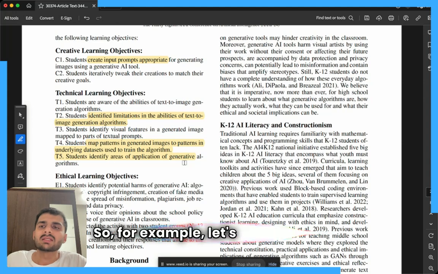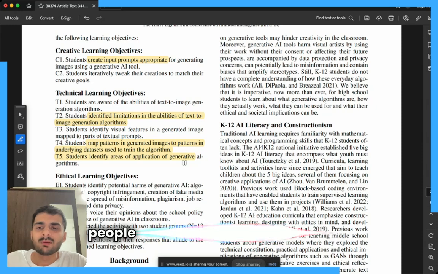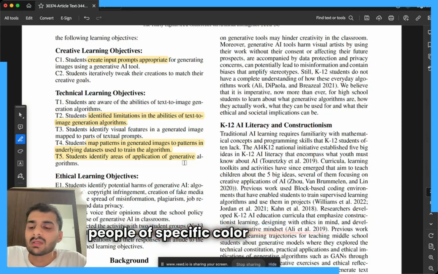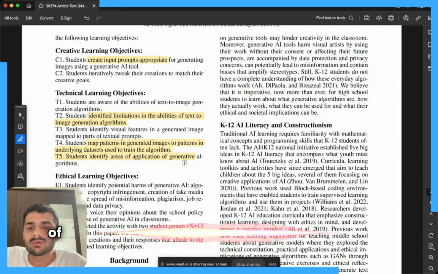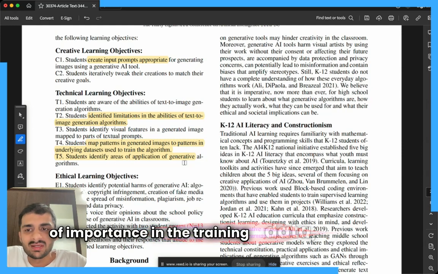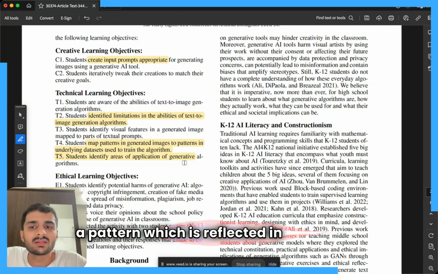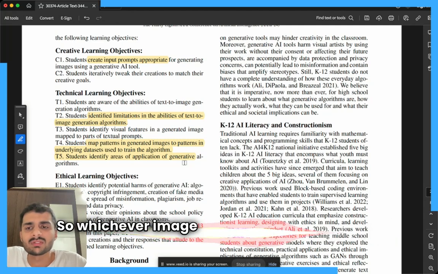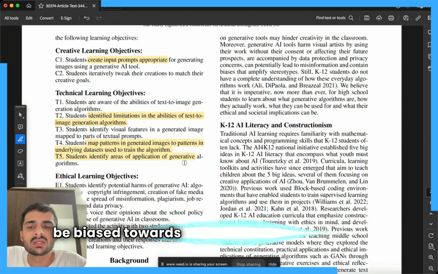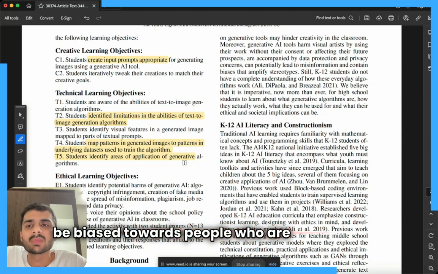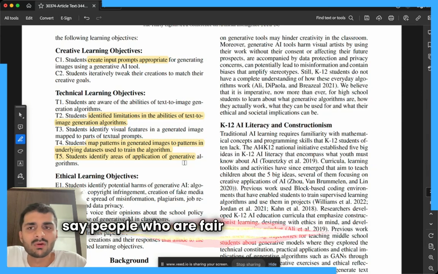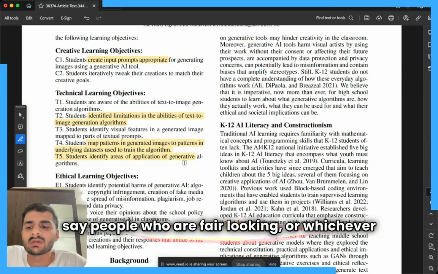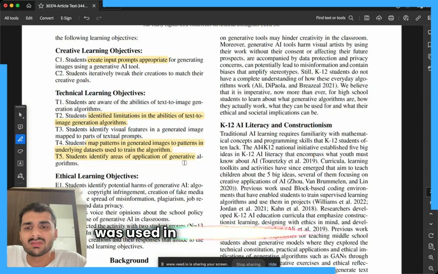So for example, let's say if people of a specific color are given a lot of importance in the training data, that becomes a pattern which is reflected in the output. So whichever image that you want to generate will be biased towards people who are white, or let's say people who are fair looking, or whichever pattern was used in the training data. White is just an example.